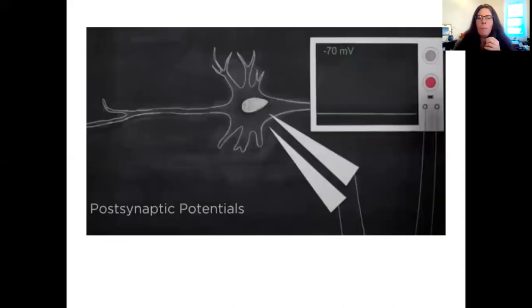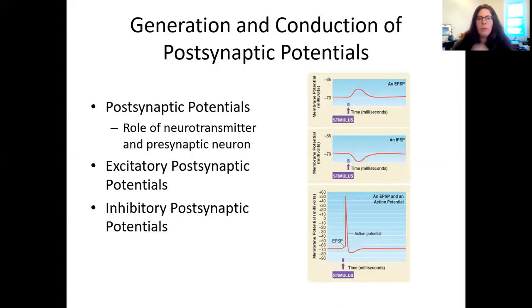Let's go back here for a moment. This little bit of excitation, this little bit of depolarization is not going to produce an action potential. We need enough stimulation that we reach what's called a threshold. The thresholds are different depending on the neurons, but it's approximately negative 65 millivolts.